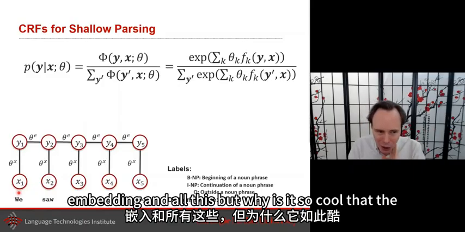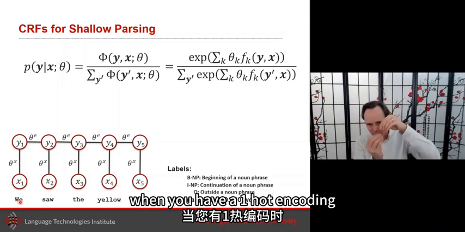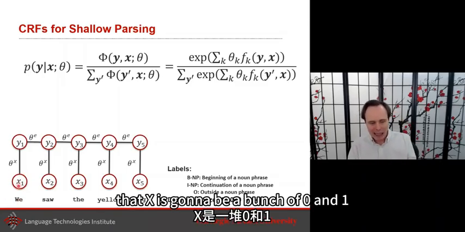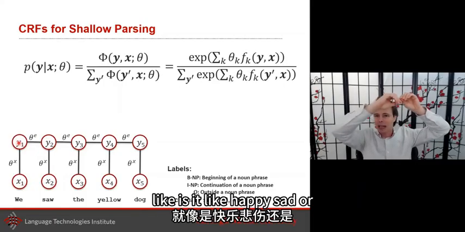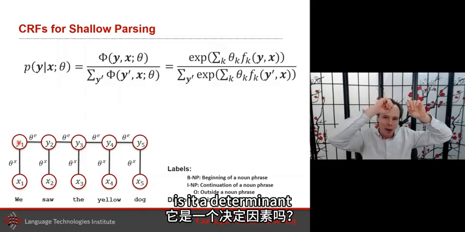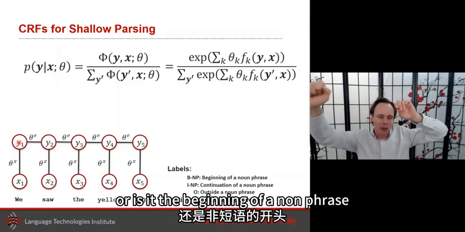But why is it so cool when you have a one-hot encoding? X is going to be a bunch of 0 and 1, and maybe your label is also 0 and 1, like is it happy, sad, or is it a determinant, or is it the beginning of a noun phrase?